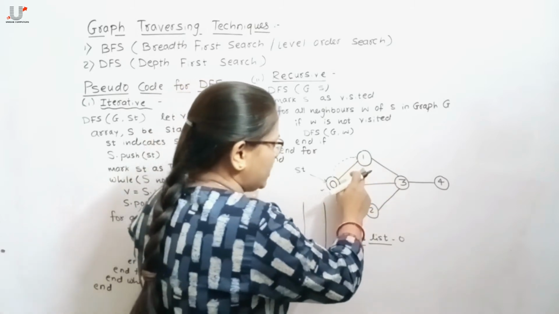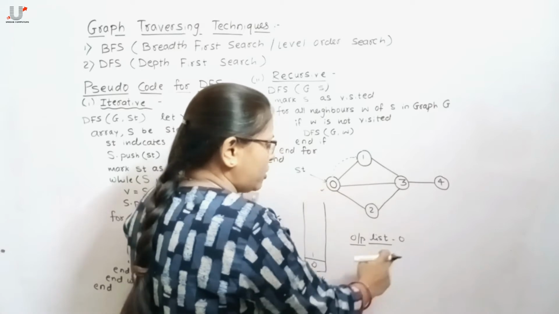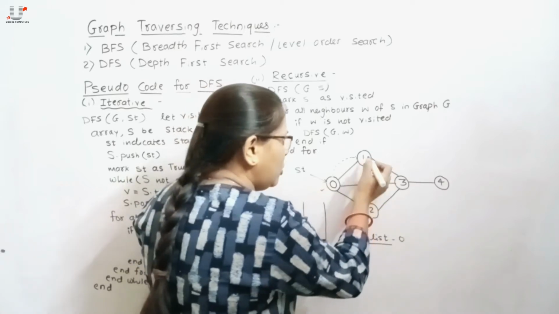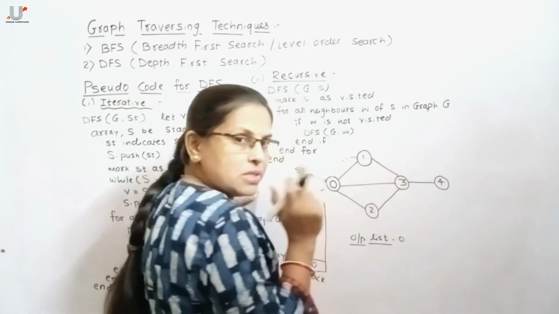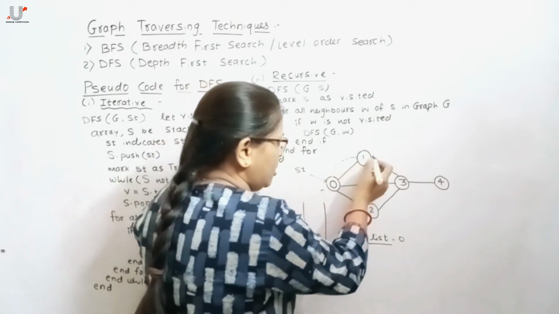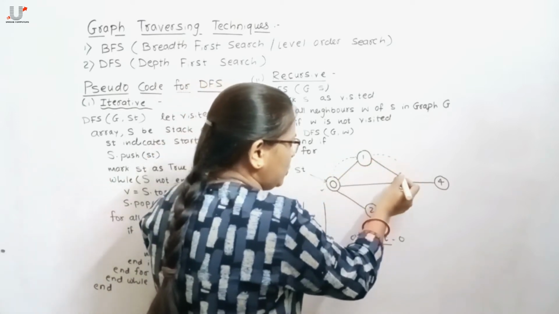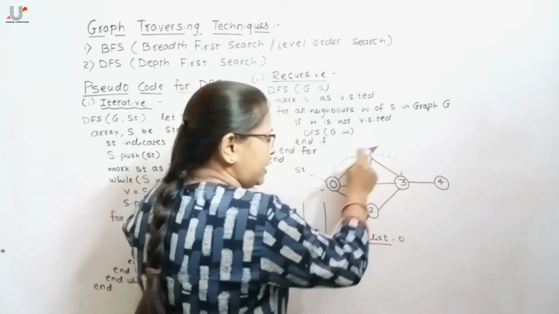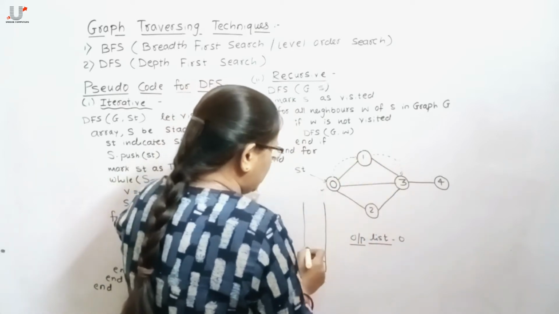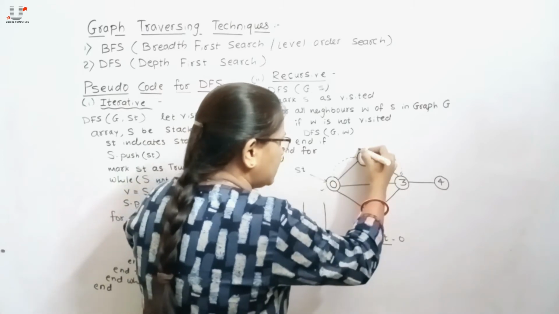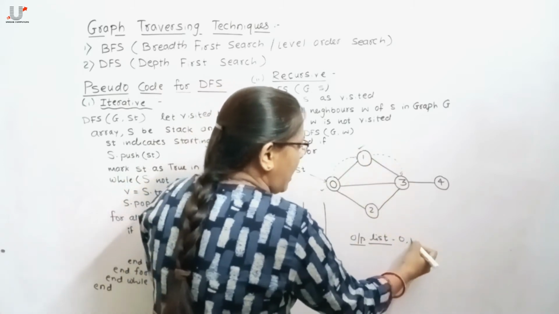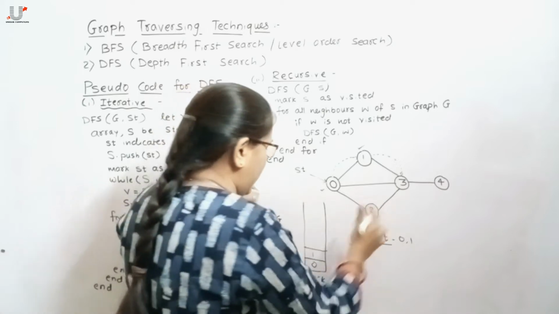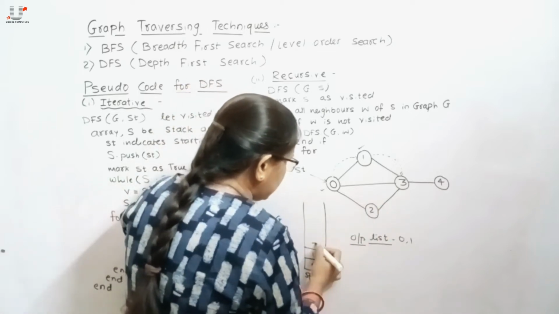The adjacent node of this 1 is 0, but it is already marked as visited, so move to another unvisited adjacent node of this 1. So it's 3, so move to 3.